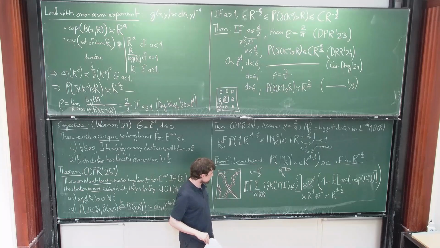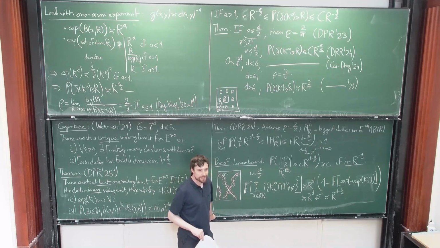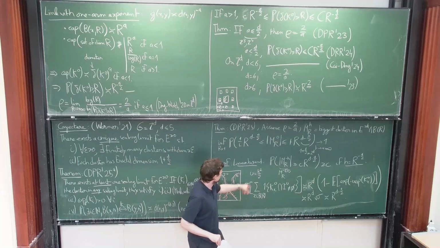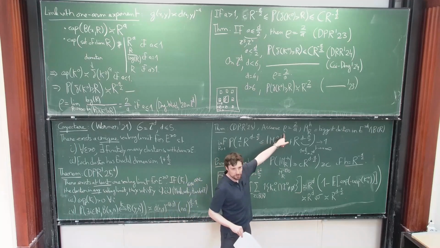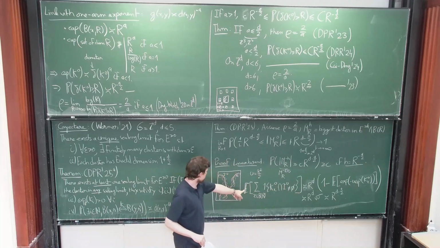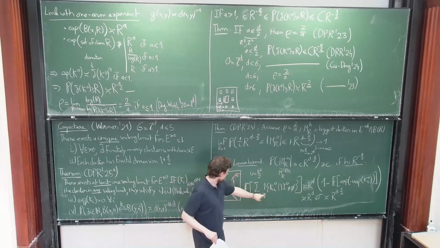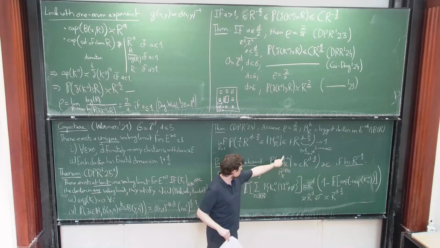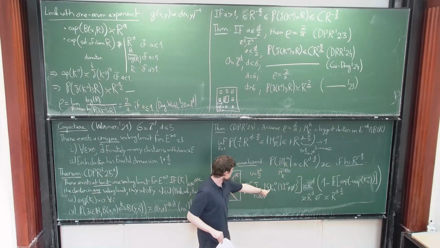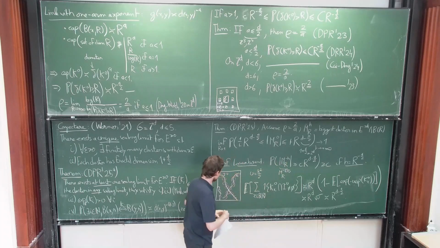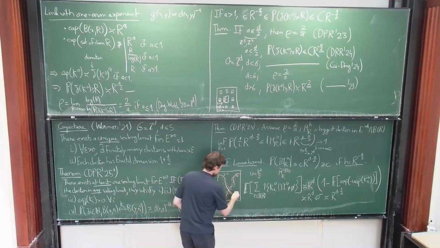The most annoying part is that everything I said so far works in any dimension. But remember, I need to assume here that I was in low dimension. And the problem in what I wrote is that I didn't look at the size of the cluster in the box. Because here I'm just asking that x is connected to the interlacement, but what could happen is that x is here, and my cluster does something like that.